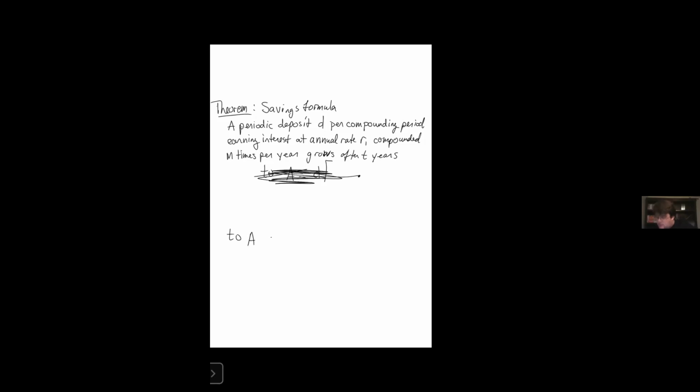A equals D times 1 plus R over M to the MT minus 1, all over R over M, and we'll end that bracket.